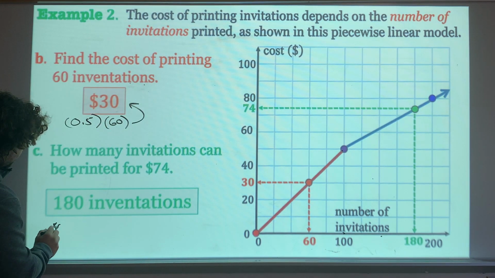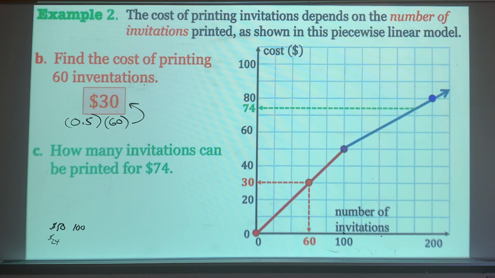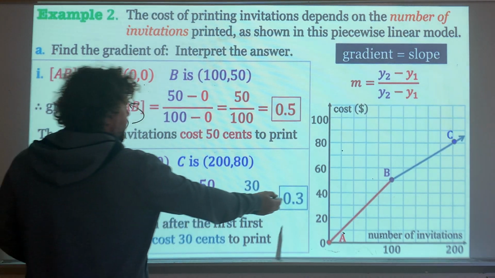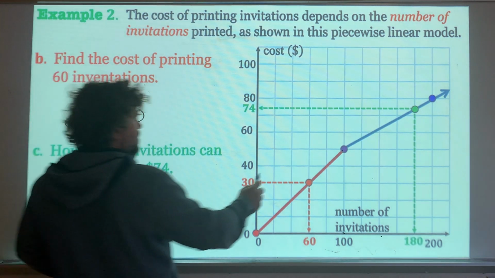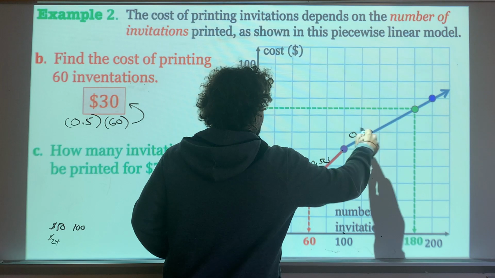So $50 is the first 100. Now I have $24 left. The gradient of the second one, I'm just going back to show you, is 30 cents an invitation. So this one costs 0.50, this one is 0.30.